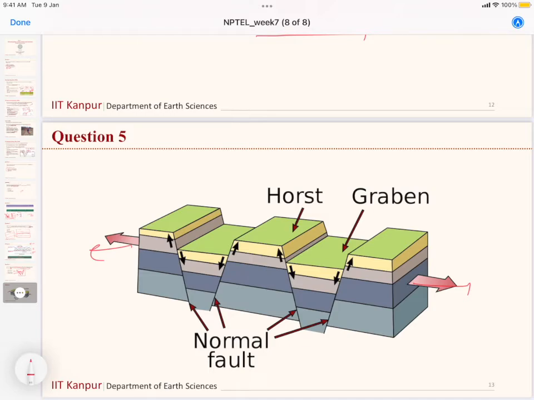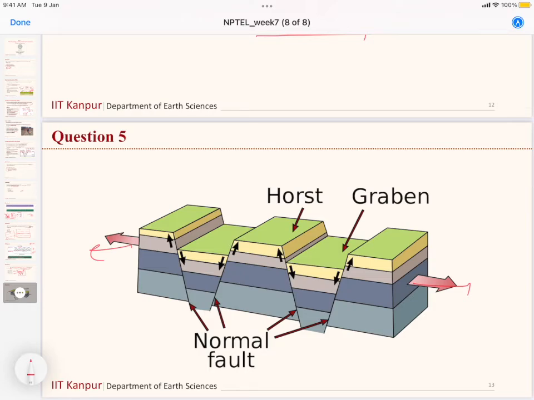Always remember, whenever you try to solve a question related to a particular topic, try to remember the related concepts or details. Whenever you hear the word normal fault, normal fault means there would be an extensional environment, and the hanging wall would go down because gravity acts over there. These are the basic terms you should always think about whenever you hear the name normal fault.